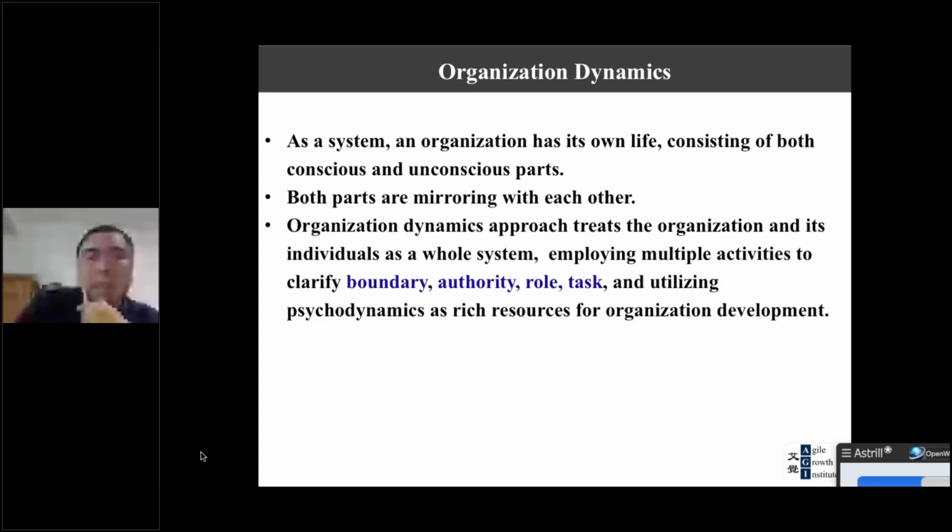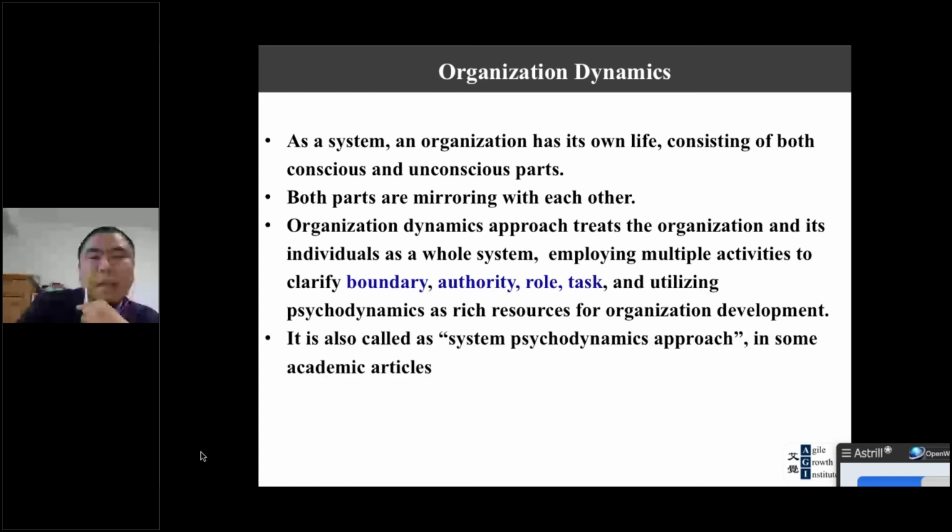Organization dynamics approach treats the organization and individuals as a whole system, employing multiple activities to clarify boundary, authority, role, task, which is called BART, and utilizing psychodynamics as rich resources for organization development. It is also called the system psychodynamic approach in some academic articles.